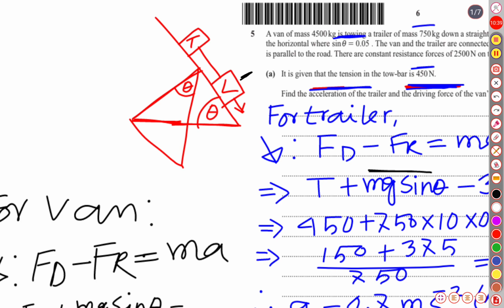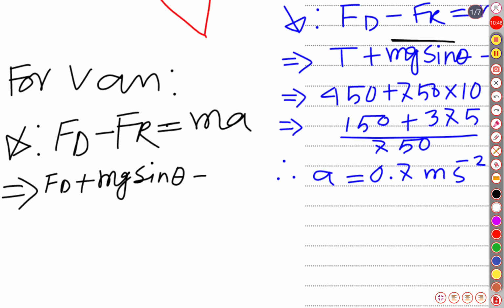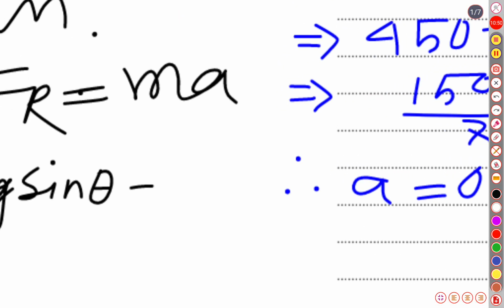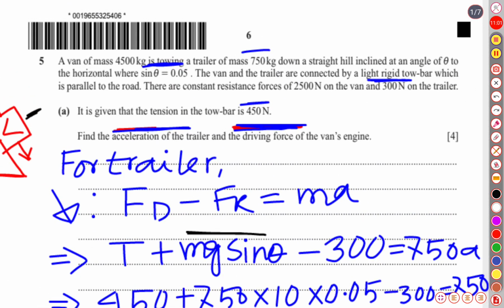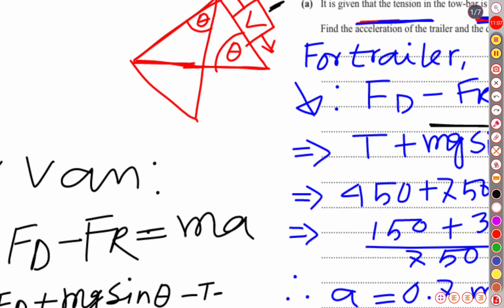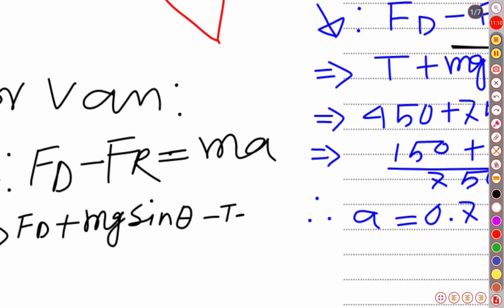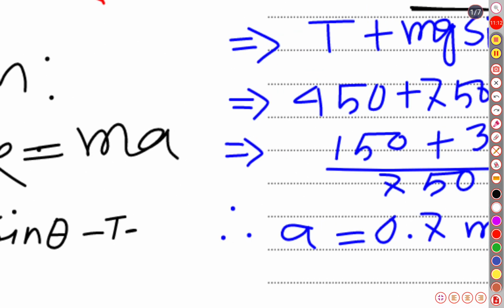The only resistance force for the van is the tension, so let us write minus T. And there is another, constant frictional force of 2500 Newton on the van, so it is also to be subtracted, minus 2500, equal to mass into acceleration.